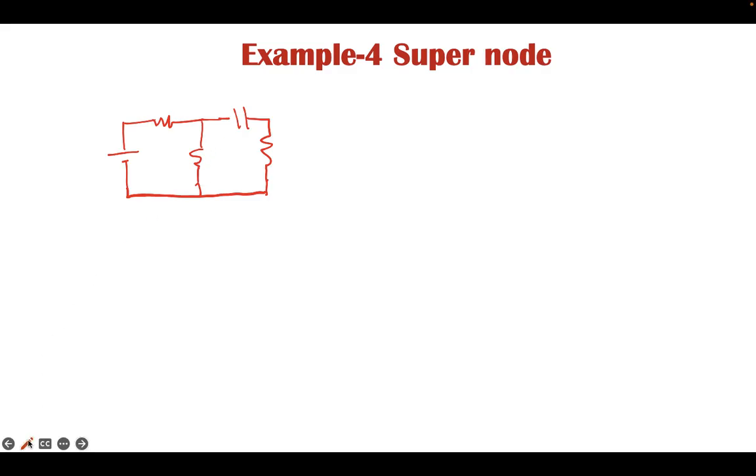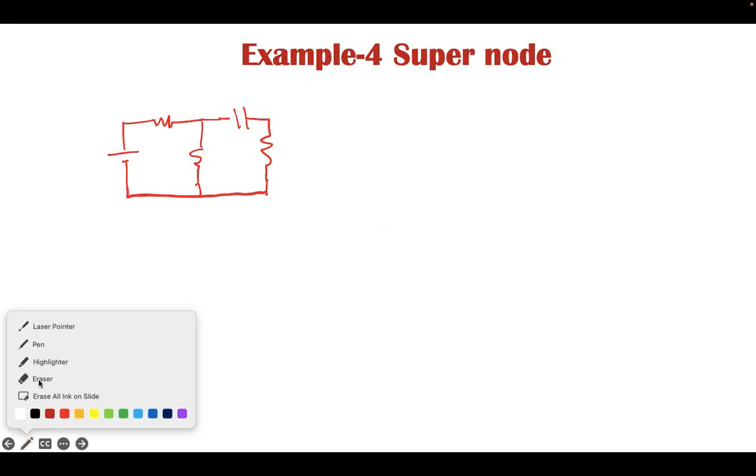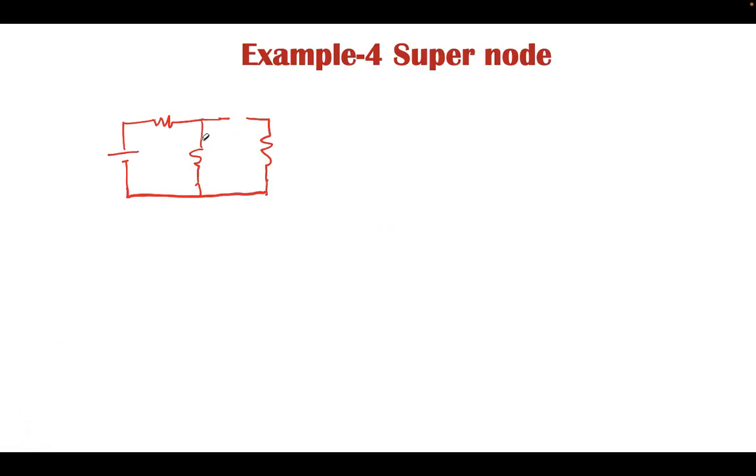This is the concept of supernode, plus minus. There is a node. This is R1, this is R2, this is R3. This is plus minus. Let it be 5 volt, this is 2 ohm, this is 3 ohm, this is 4 ohm.